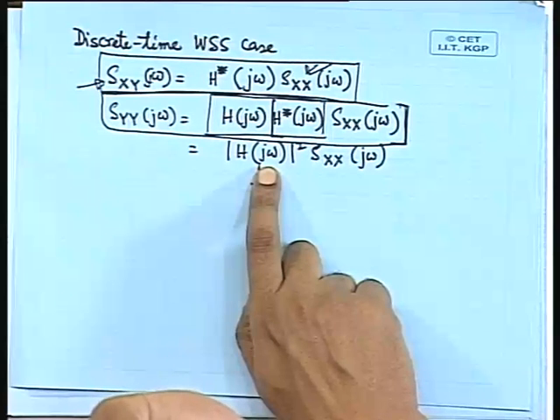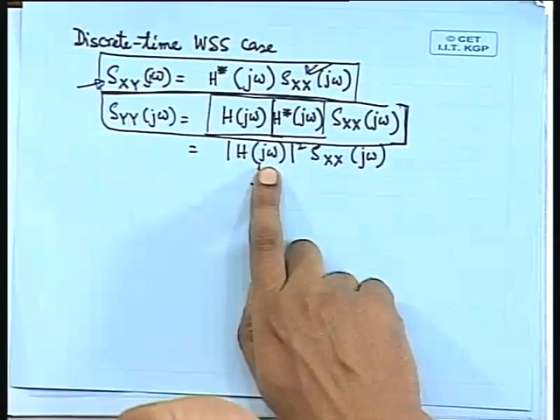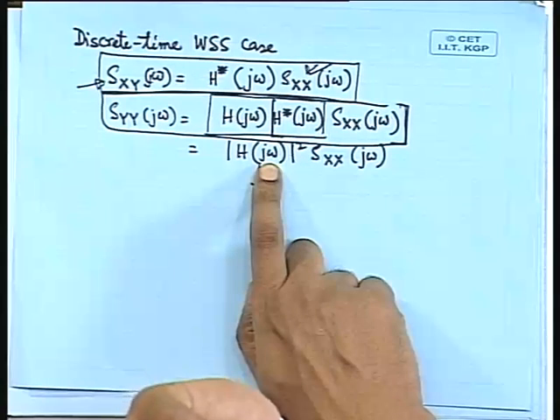And this makes sense. Why does it make sense? Because the h j omega function, let us say for a low pass filter, at high frequencies its magnitude is going to be low. Remember Bode plots of low pass filters: if it's a first order filter it will come down with 6 dB per octave, if it's a second order 12 dB per octave, and so it comes down as frequency increases.